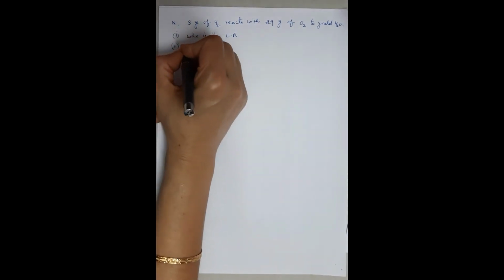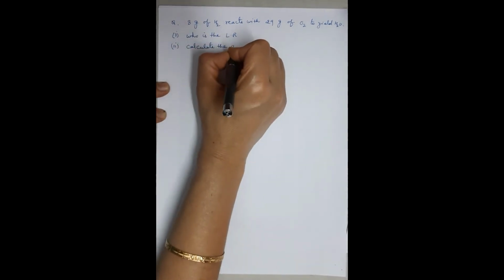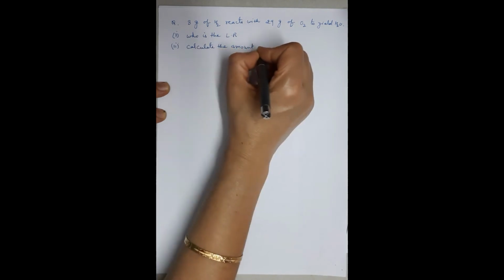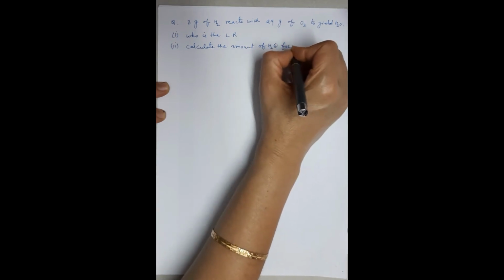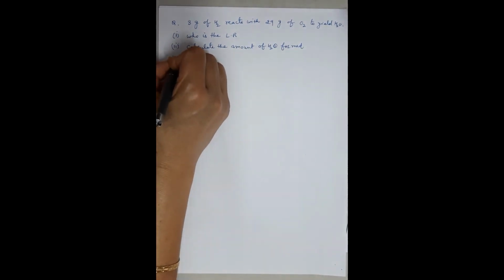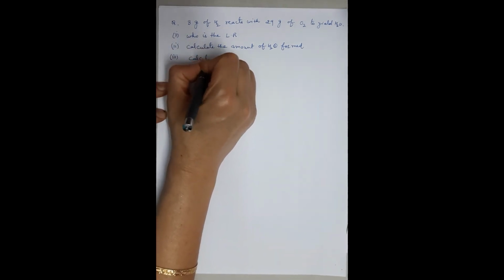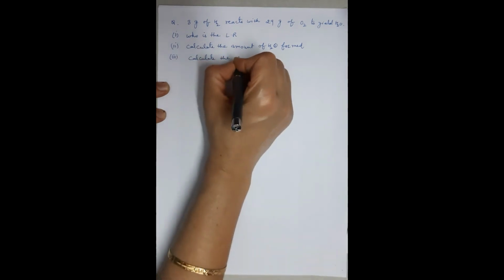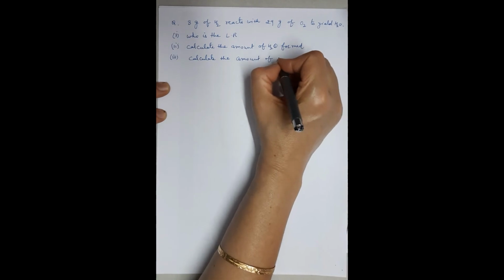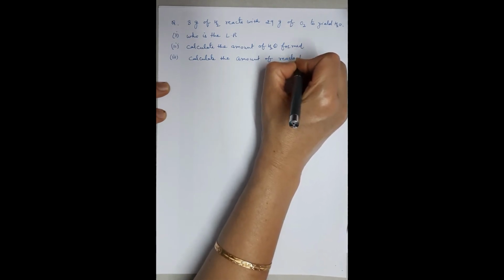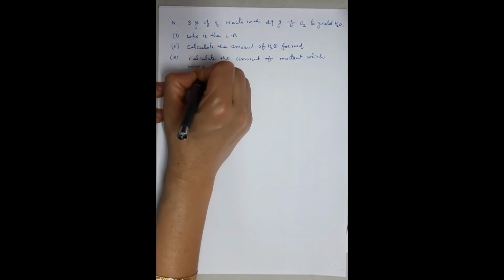Second is, calculate the amount of water formed. And third is, calculate the amount of reactant which remains unreacted.